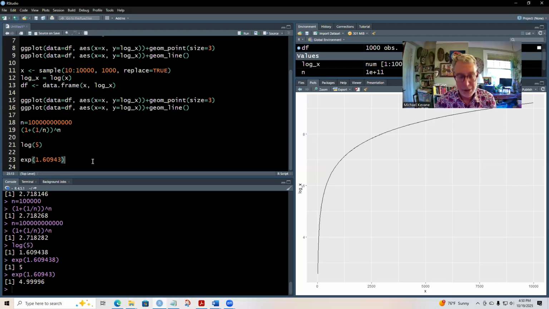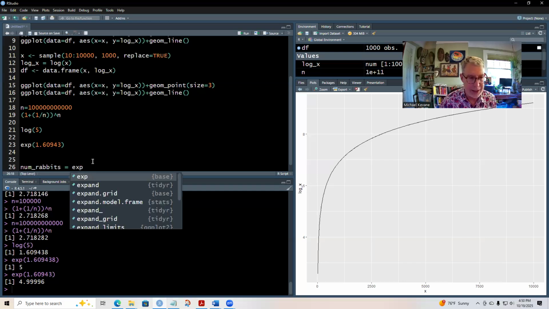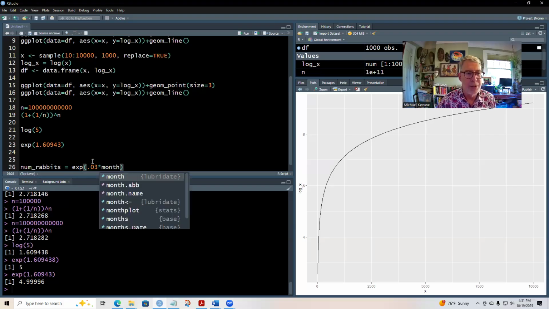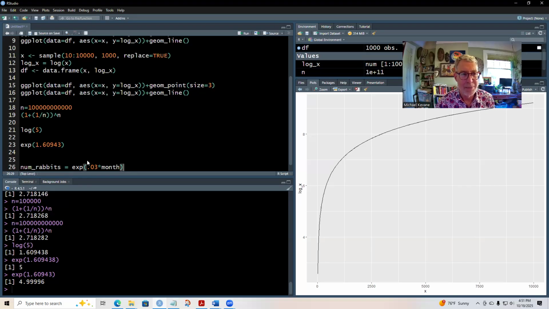Now, we could create a series. Let's call it the number of rabbits. The number of rabbits changes with time, and it grows exponentially. So we'll have it grow at a rate of 0.03 times. Let's say they reproduce every month. So this will be our function that tells us how many rabbits we have for a given number of months.